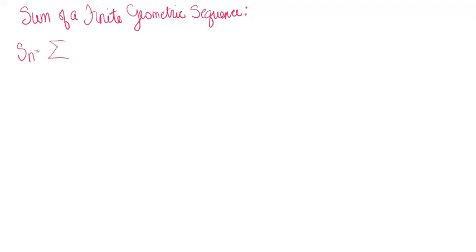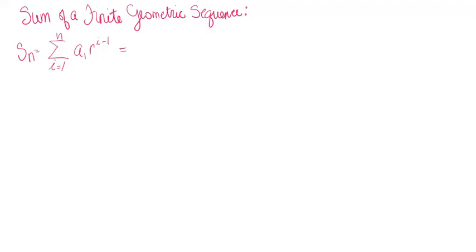So the sum of a finite geometric series, if we add all the terms together in a series that ends, is equivalent to the summation, or sigma, where i goes from 1 to whatever n is, as long as we know the first term, or find the first term, then we can multiply it by the common ratio to the i minus 1.